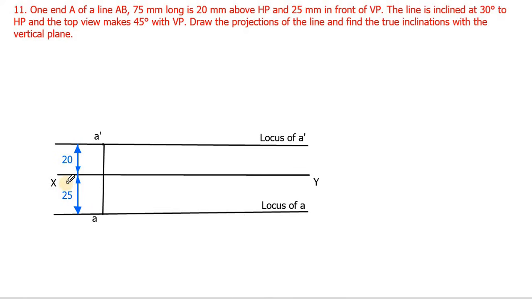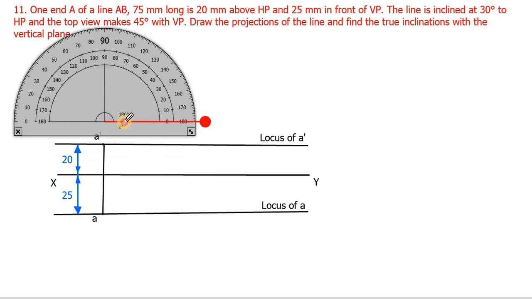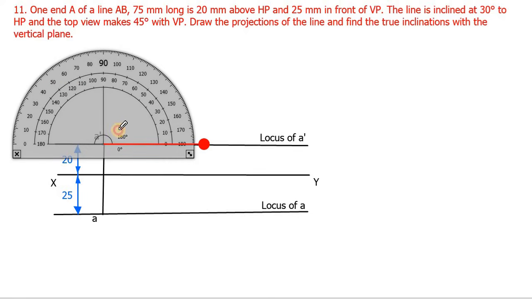Then it is given that the line is inclined 30 degree to HP, which means the true inclination to HP can be drawn above XY. With A dash as center, we can draw a line of length 75 mm at angle 30 degree. Take the protractor, keep it here and mark 30 degree.